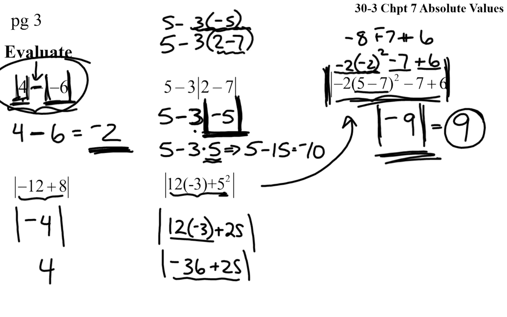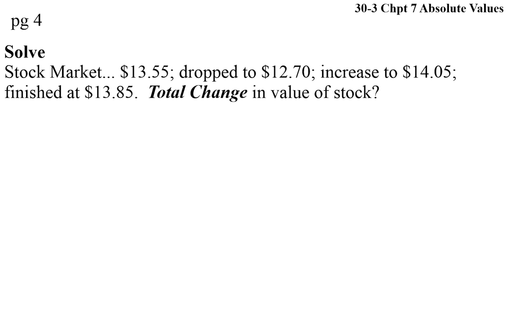Finish off inside the absolute brackets, -36 plus a positive 25 leaves us with a -11 in absolutes, which tells us our answer is the positive of it. So, calculation with absolutes, BEDMAS, but understand it converts to its opposite.